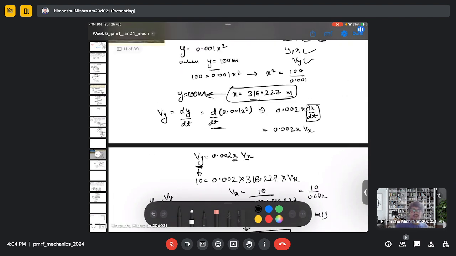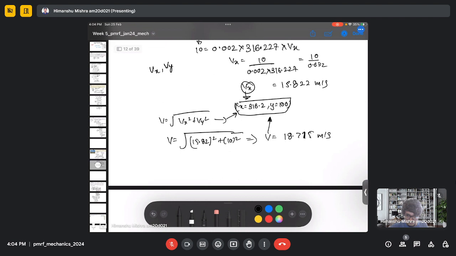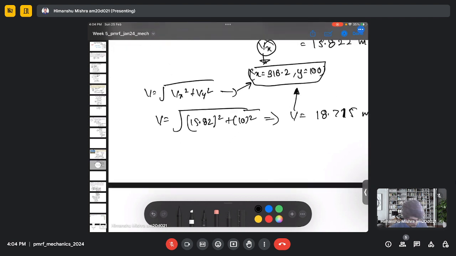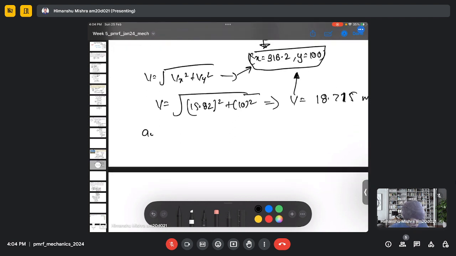Now in the same way we can calculate the acceleration. My vertical component of the acceleration will be the rate of change of the vertical component of velocity with respect to time, and this can be given as 0.002 x vx.